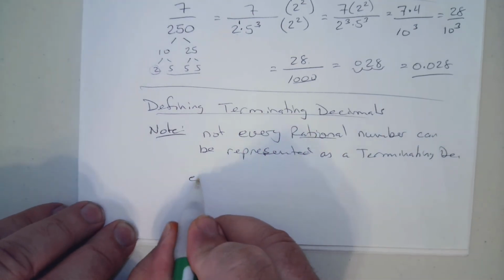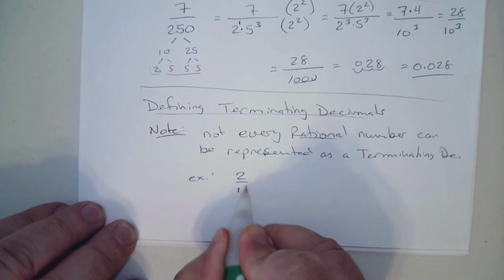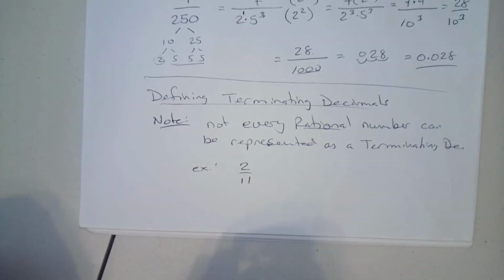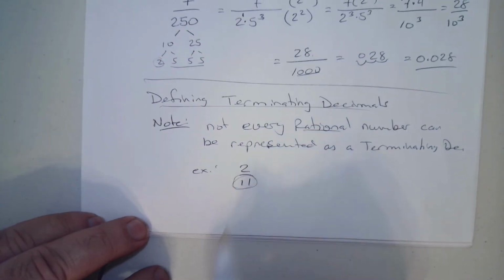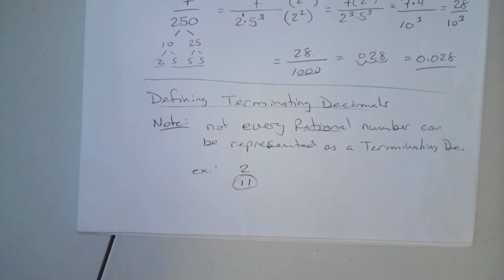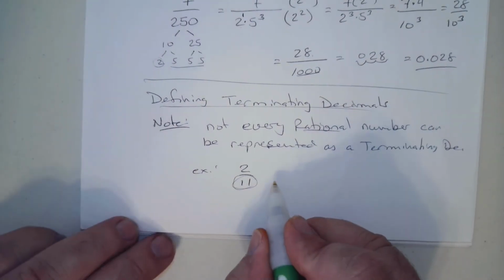For example, 2 over 11. It can't, because the bottom cannot be represented as a factor of 2 and 5, or factor of 10.